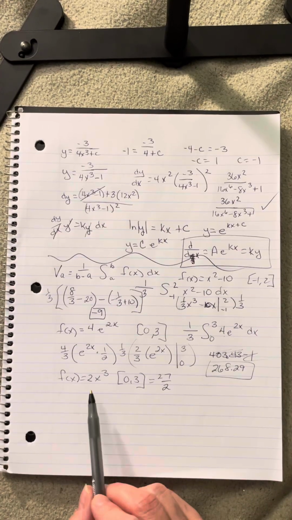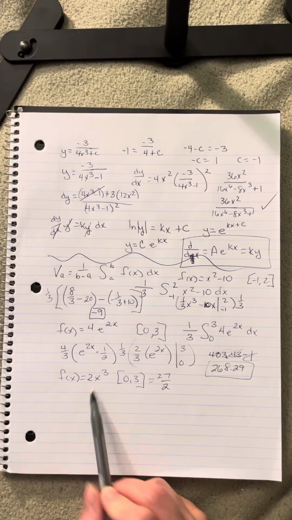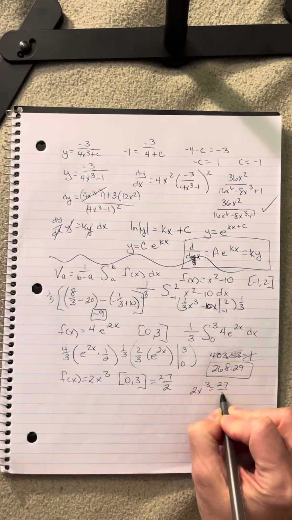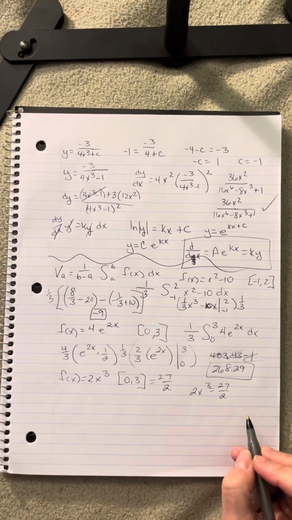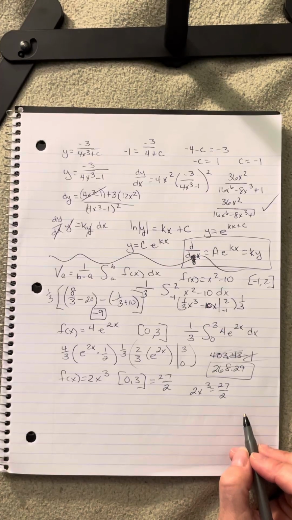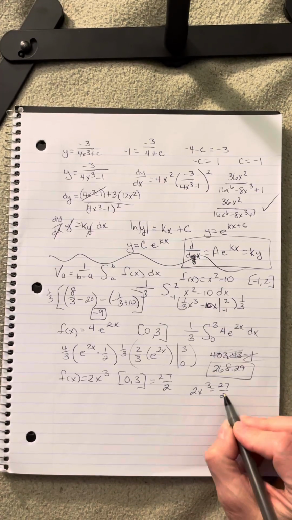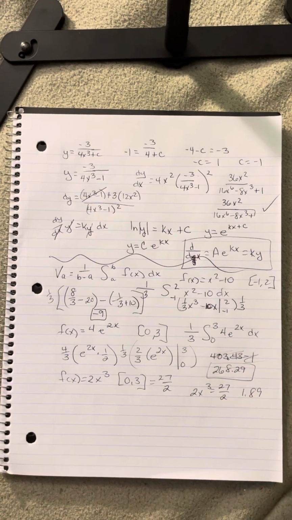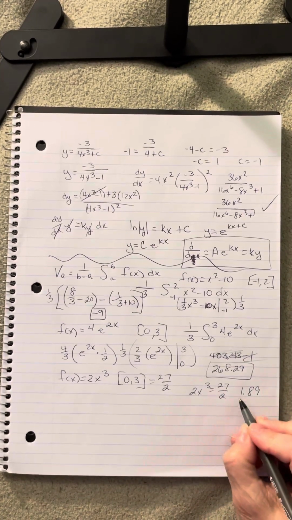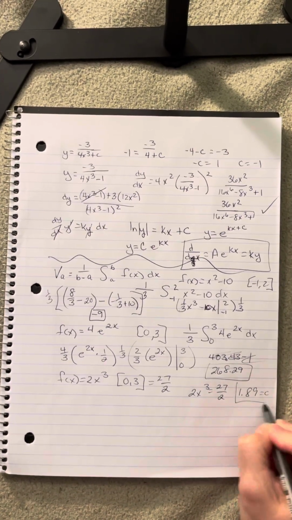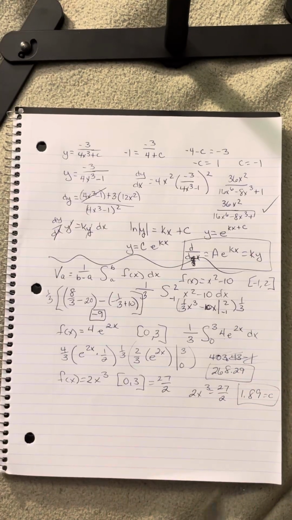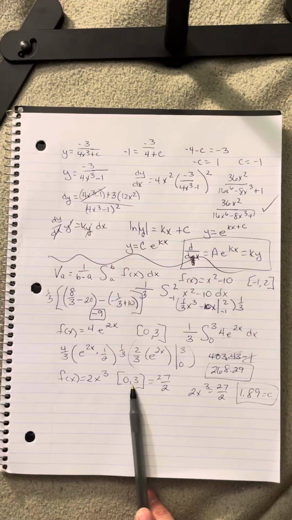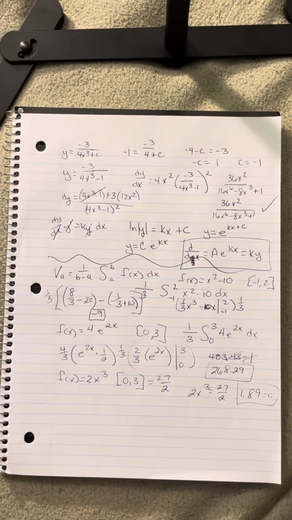So we are using our 2x cubed set equal to our 27/2, dividing by 2, and then taking the cubed root of that on the calculator will give you 1.89 or something fairly close to that. And that is a value for the c that makes all of that work. And we do see that 1.89 is somewhere between 0 and 3, always a good thing to check.